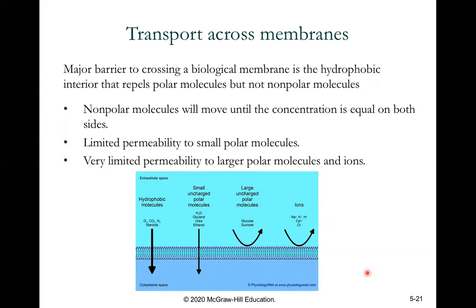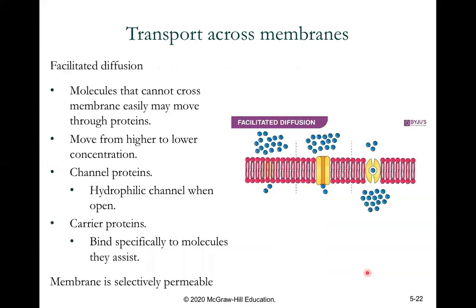An example is large uncharged polar molecules such as glucose and sucrose, which we talk about all the time, and which are not able to just be sent across the membrane. Hydrophobic molecules like oxygen, carbon, nitrogen, and small uncharged molecules like H2O, glycerol, urea, and ethanol go straight through the membrane. The others need forms of channels to help that happen.